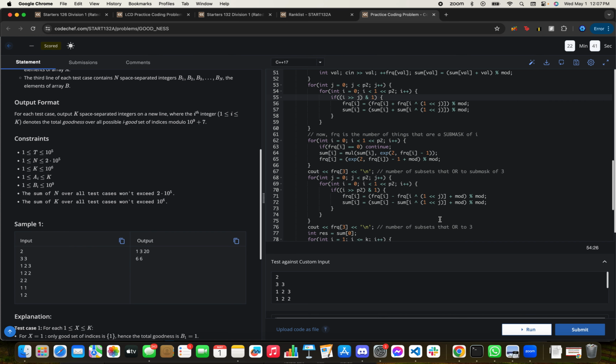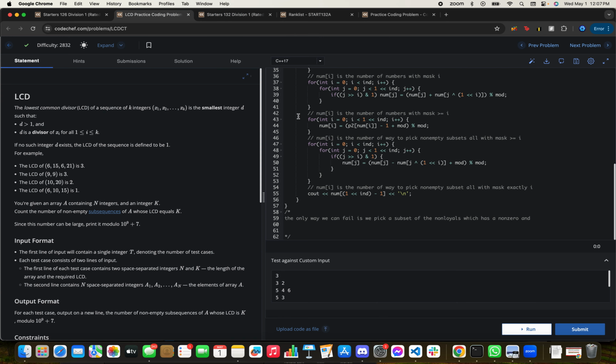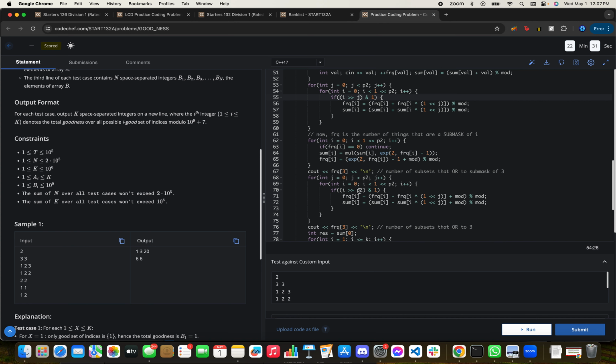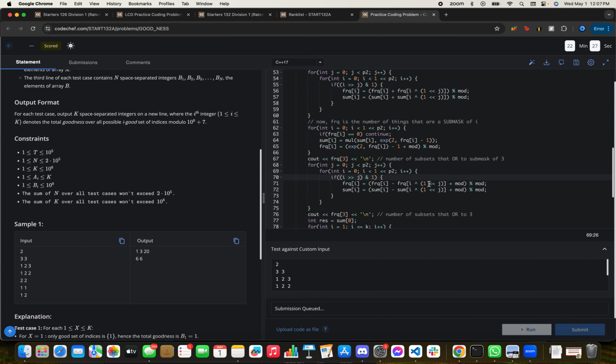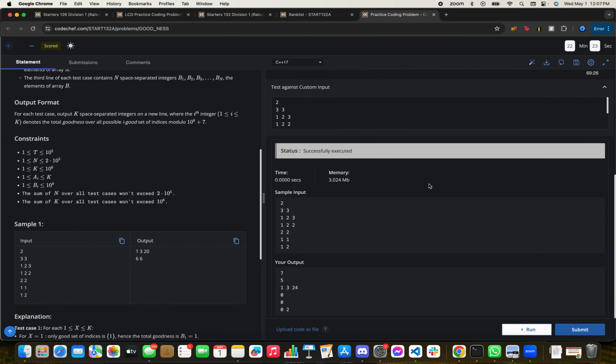I see. Let's once again look at how I coded this. Oh, same issue. 1, 3, 24. How many submasks XOR to 20?